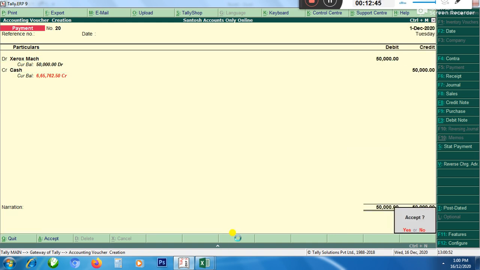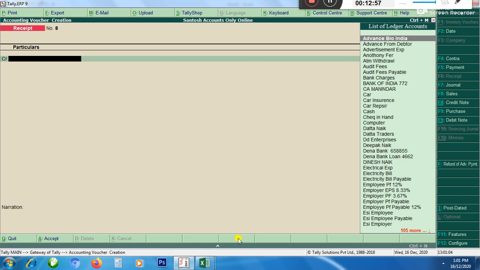I paid by cash. During the year, say that Xerox machine becomes old and we sold it and received money, so I'll pass a receipt for that.